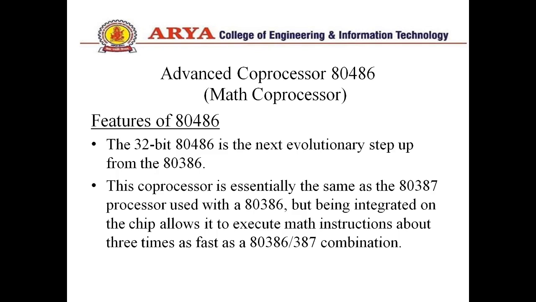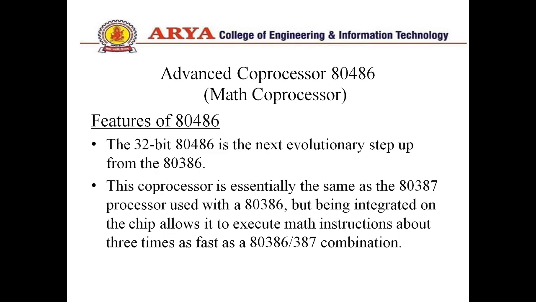80486 is an advanced coprocessor. It is also called math coprocessor. Features of 80486 include that it is 32-bit, and it is the next evolutionary step up from the 80386. We can say that the 80486 is the advanced version of 80386.